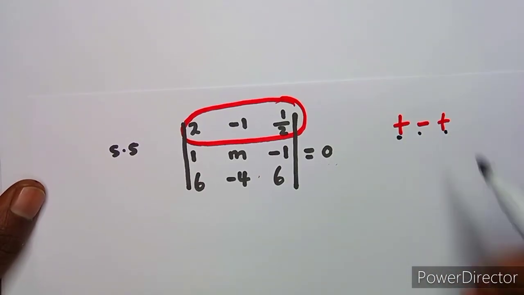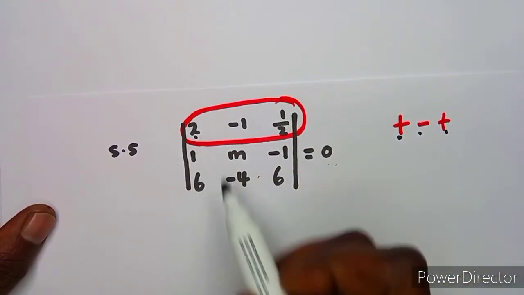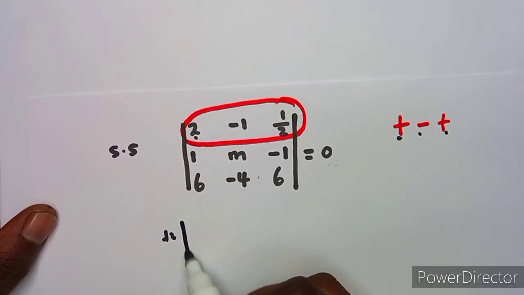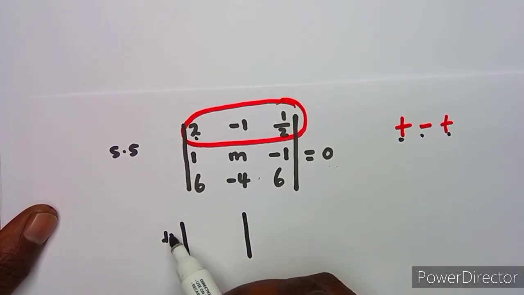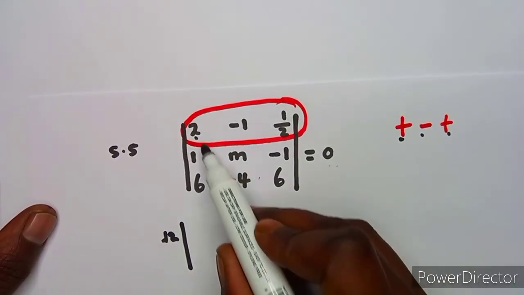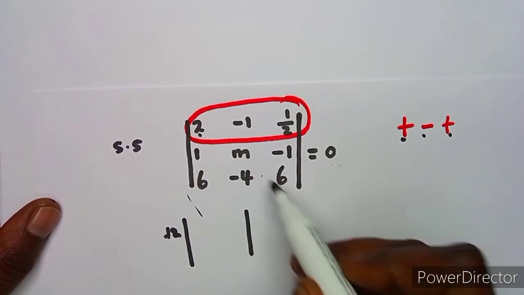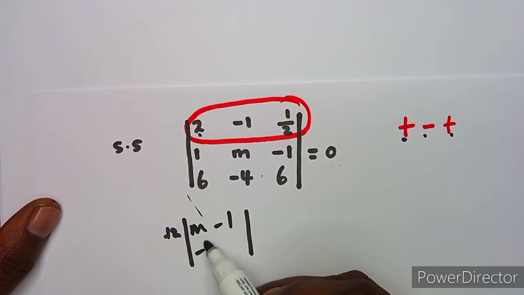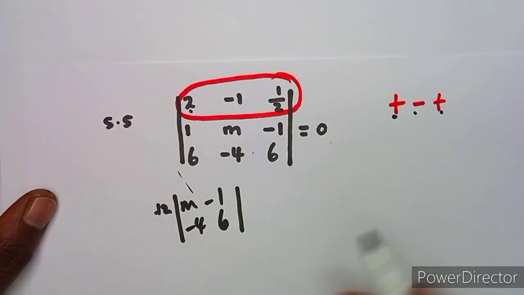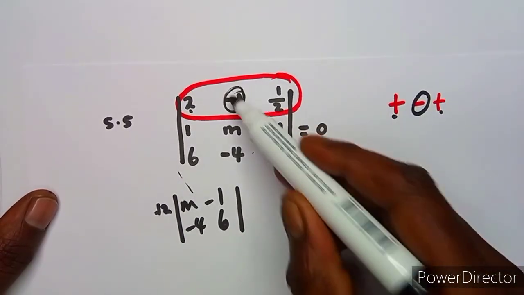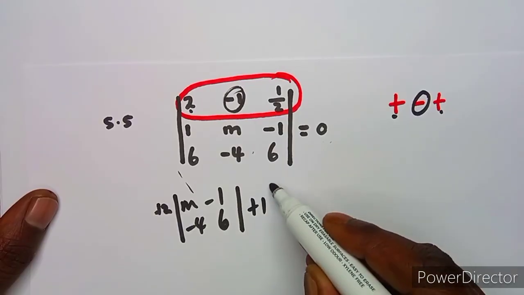Okay, so it's plus minus plus, which is a 2 here, plus 2, we close the row, it is already closed, so we just close this column here. As you can see, you'll be left with m minus 1, minus 4, 6. Okay, minus and minus, which is a plus, so it's going to be plus 1.